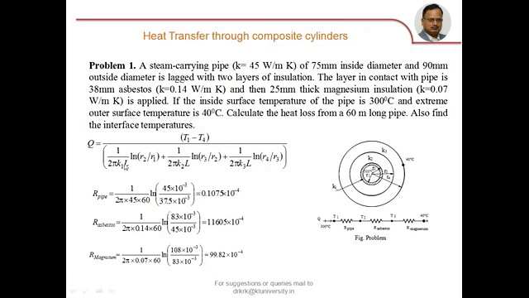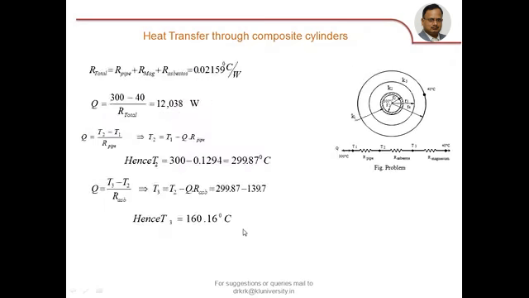Add these three, you will get the total resistance, which is equal to 0.0216 degrees centigrade per watt. That is how these three resistances are acting. So Q equal to 300 minus 40 by R total, you will get 12,038 watts as the heat loss from the inner surface of the pipe to the environment because of these three resistances acting one after the other.